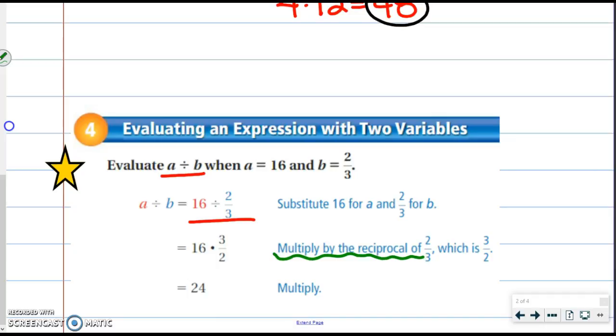And then I would multiply 16 times 3/2. And I know that whenever I have a whole number, I need to write it as 16 over 1. And 16 times 3 is 48. And 1 times 2 is 2. And I know that 48 divided by 2 is 24.